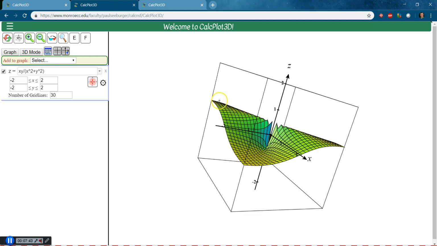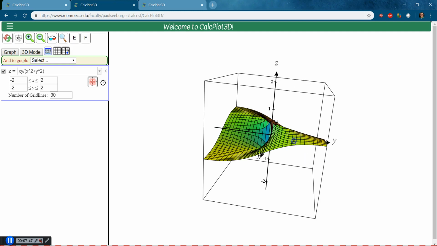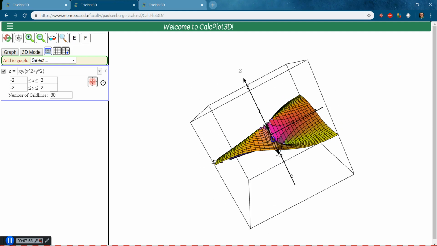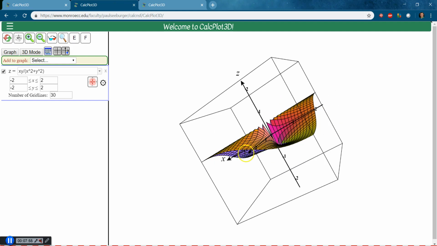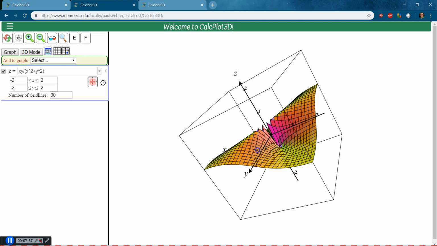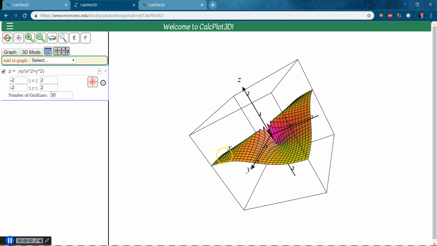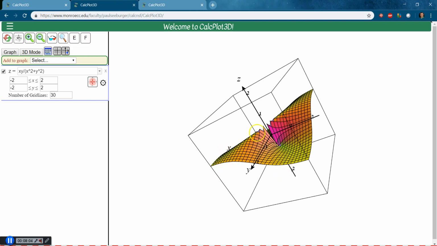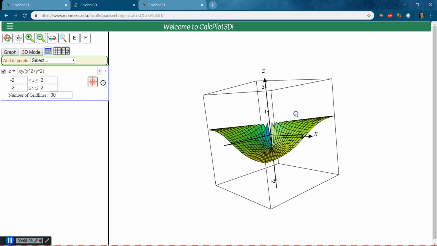Along the x-axis, yes, it is 0. It is sort of turning, and then along the y-axis, yep, it's 0, but it's kind of sloped up. And then along the line y is equal to mx, it's a different height. So that's another example of a limit that does not exist.